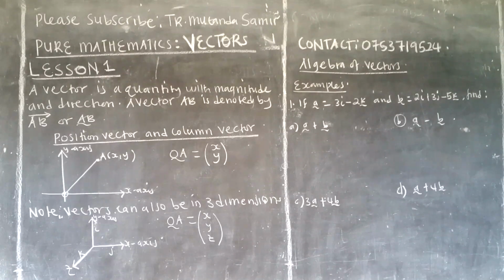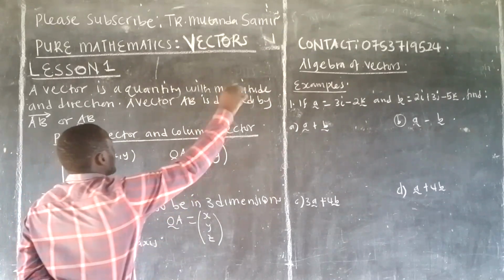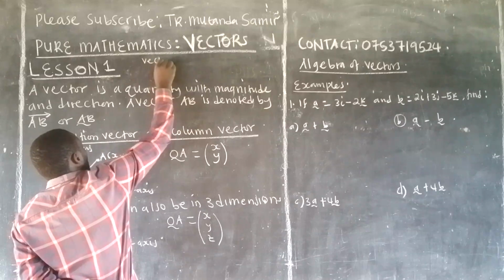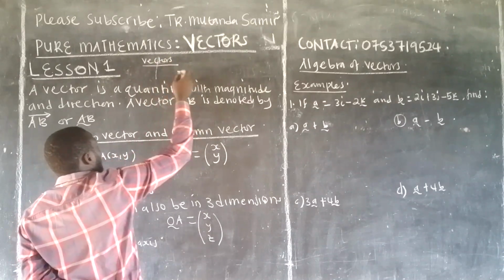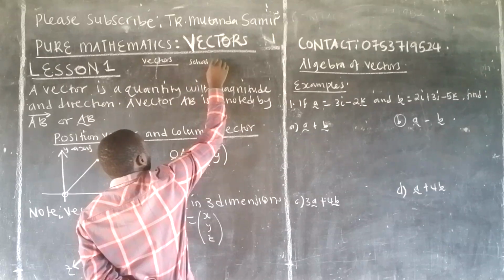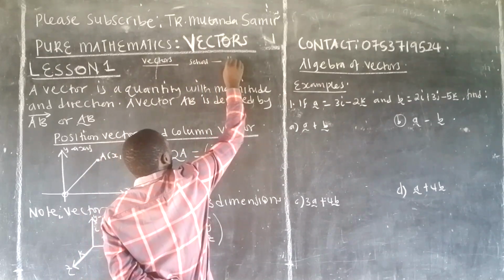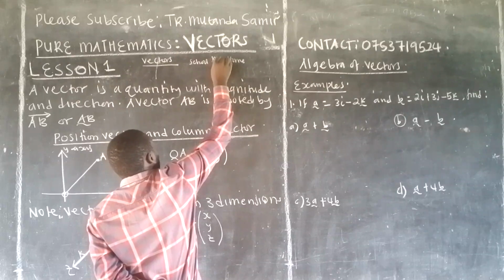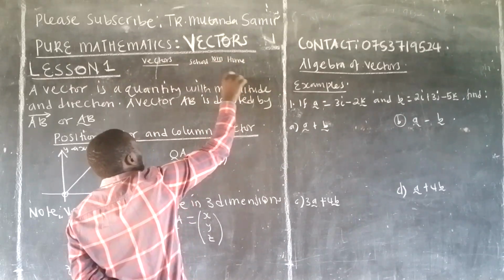So a vector has got both magnitude and direction. I explained this last time. Say, for example, in the world of vectors, if you have a school, and maybe this is your home, and from your home to school we have 10 meters, just assuming 10 meters.